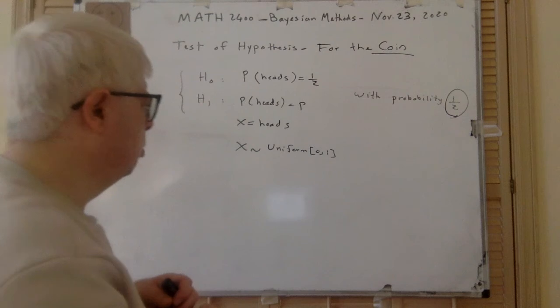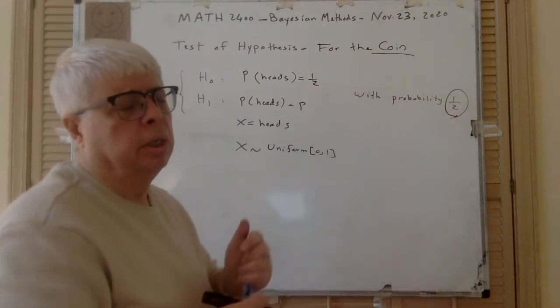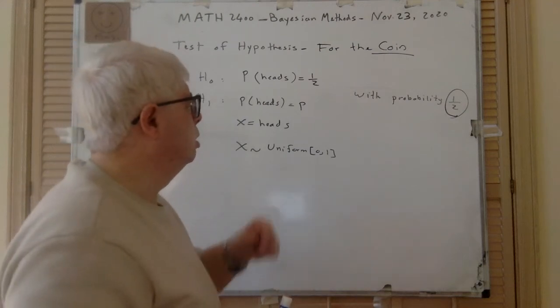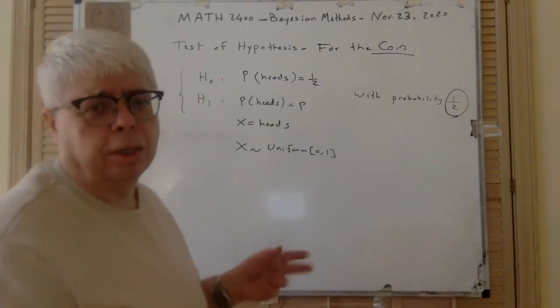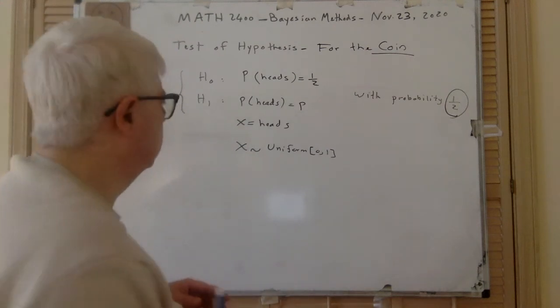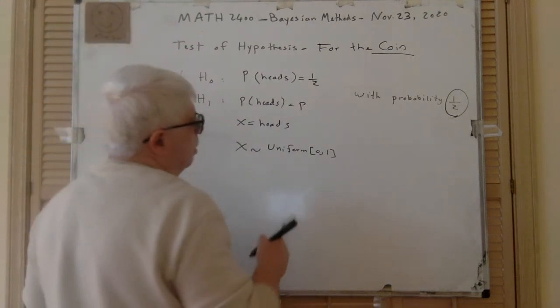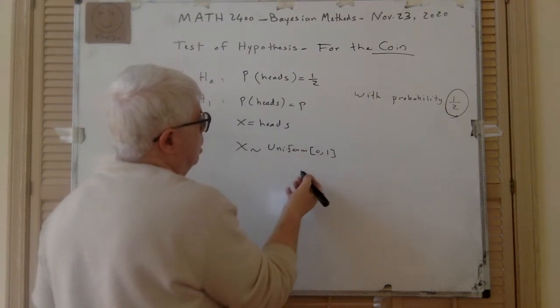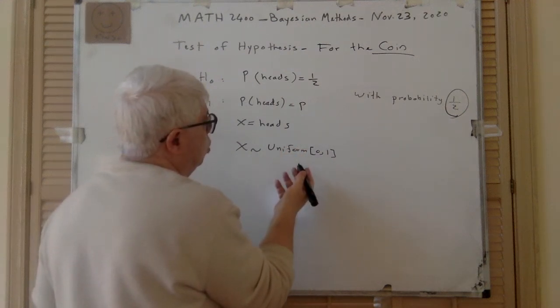You can even, well, it can be 0. 0 means the coin is two-sided, with both sides, let's say, tails. Or 1 is the other way around.